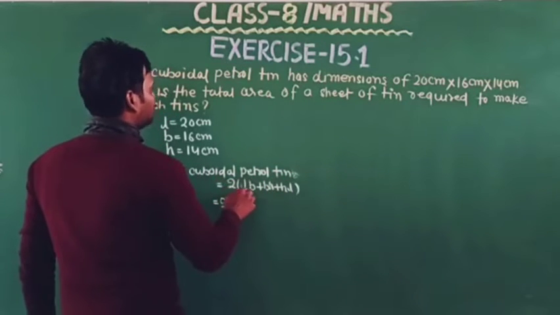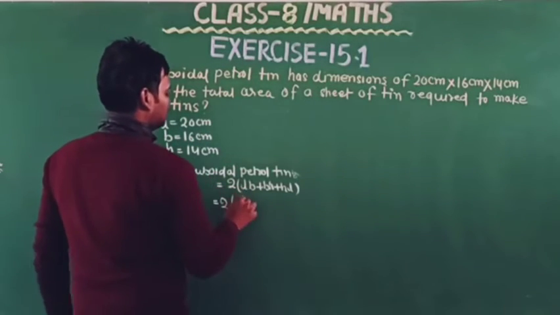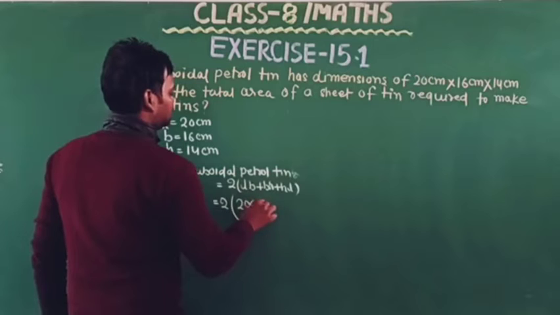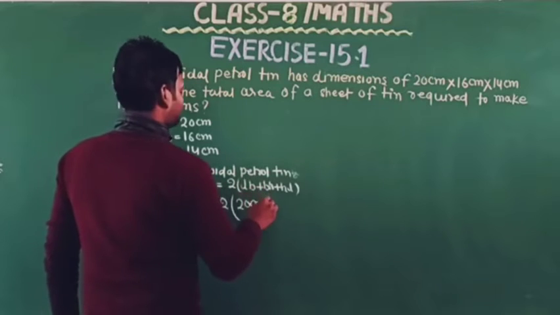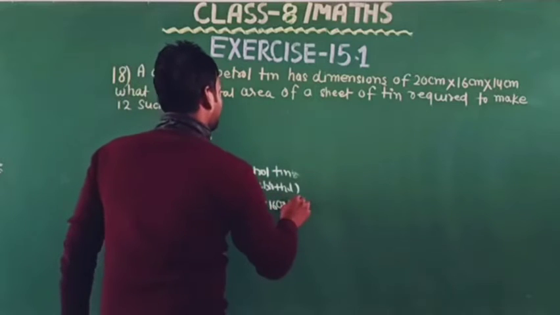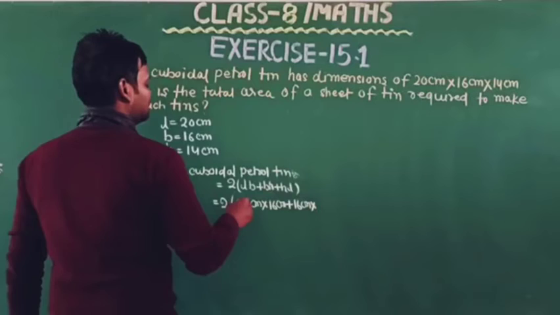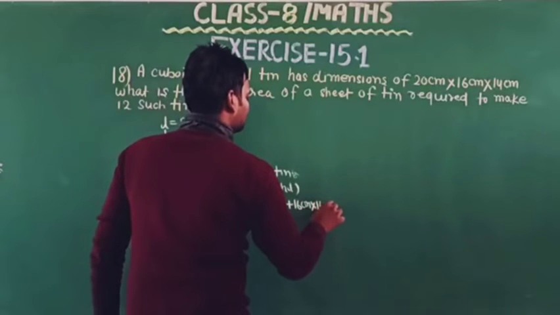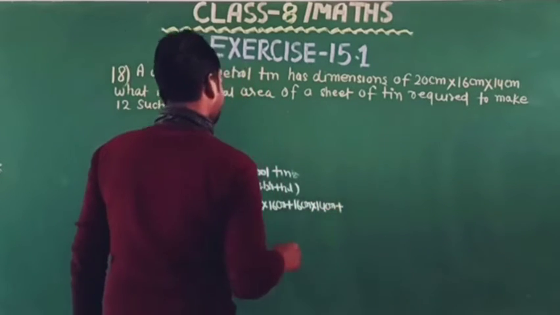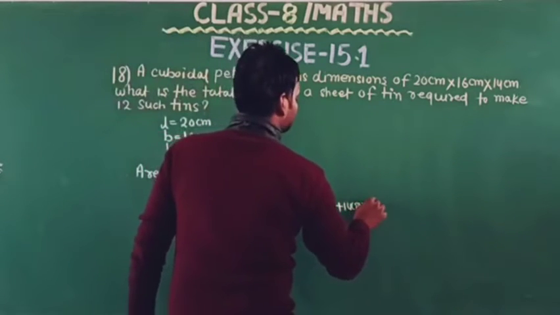This is 2 into length 20 centimeter into breadth 16 centimeter, plus breadth 16 centimeter into height 14 centimeter, plus height 14 centimeter into length 20 centimeter.